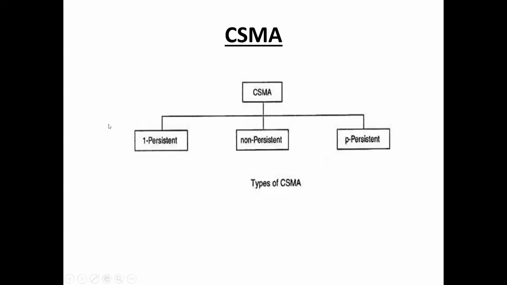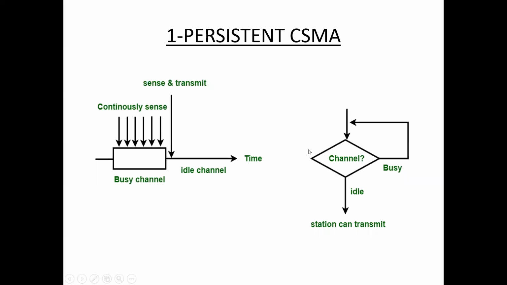These are the different types of CSMA: one persistent CSMA, non-persistent CSMA, and p-persistent CSMA. In one persistent CSMA, a station that wants to transmit data continuously senses the channel to check whether it is idle or busy.